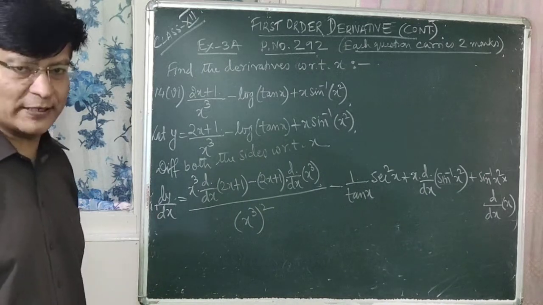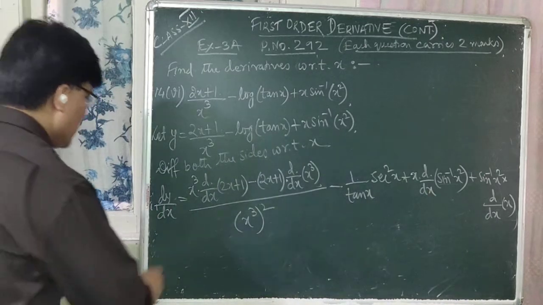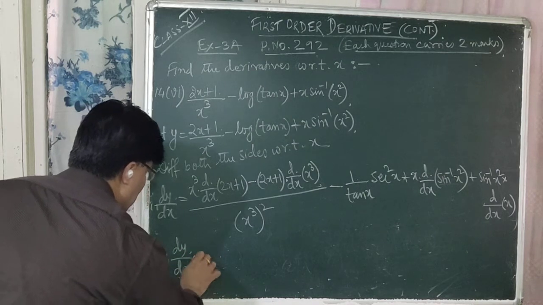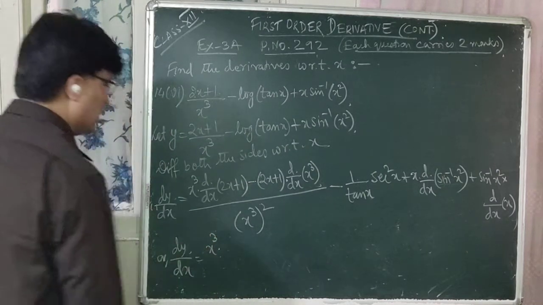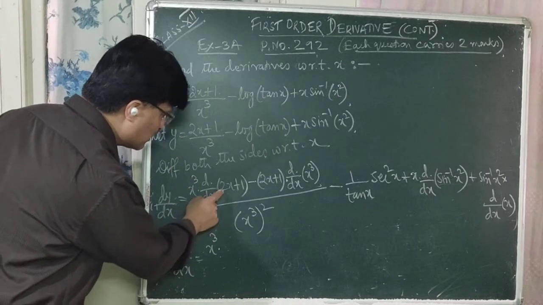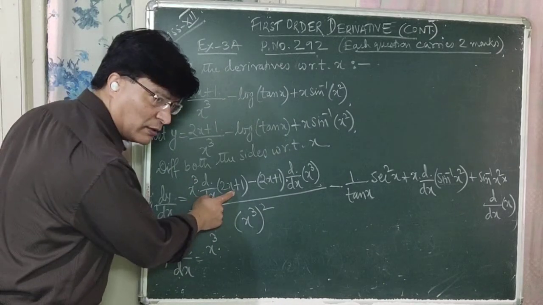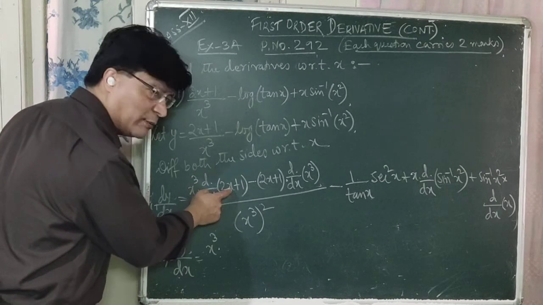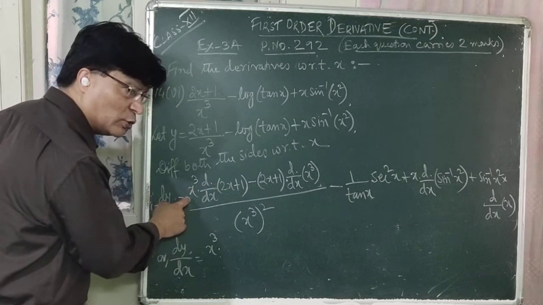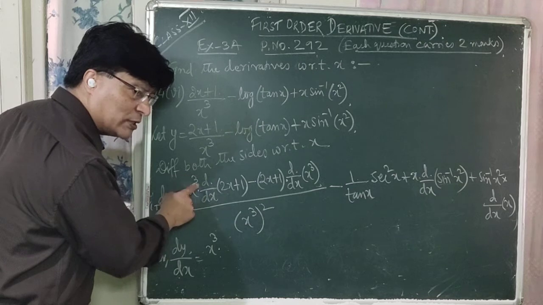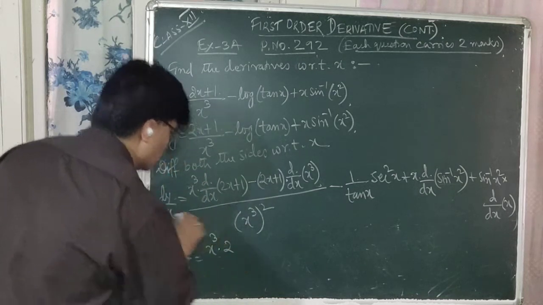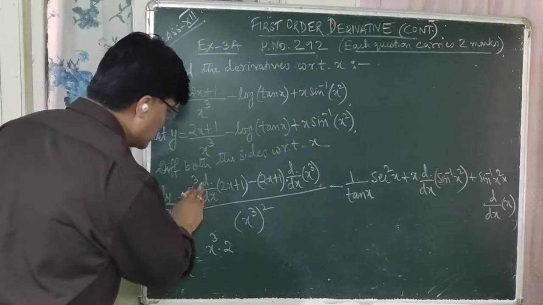Now you have to simplify it. Okay? So dy by dx is equal to x cube into, what is d by dx of 2x? 2 is a constant with the variable x, so 2 comes in the front. 2 into d by dx of x. What is d by dx of x? It is 1. So 2 ones are 2. So what is d by dx of 2x?